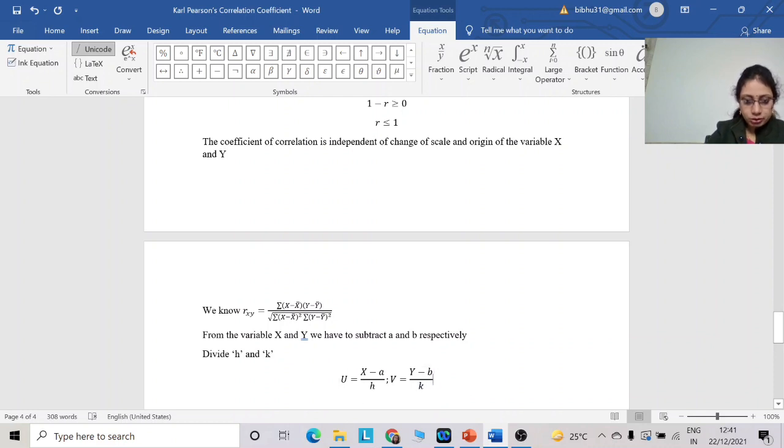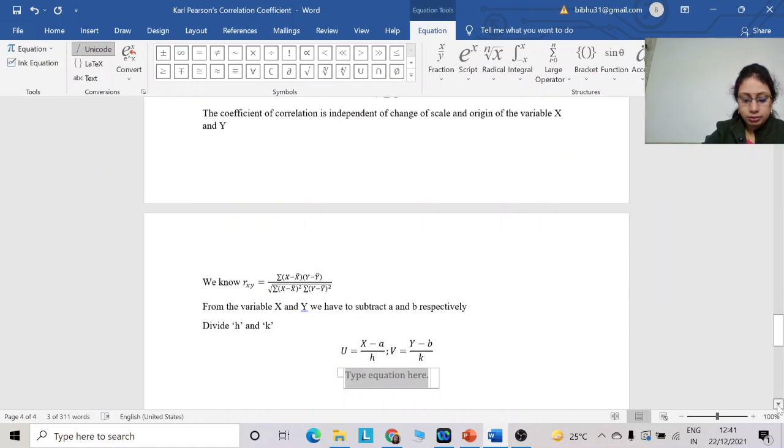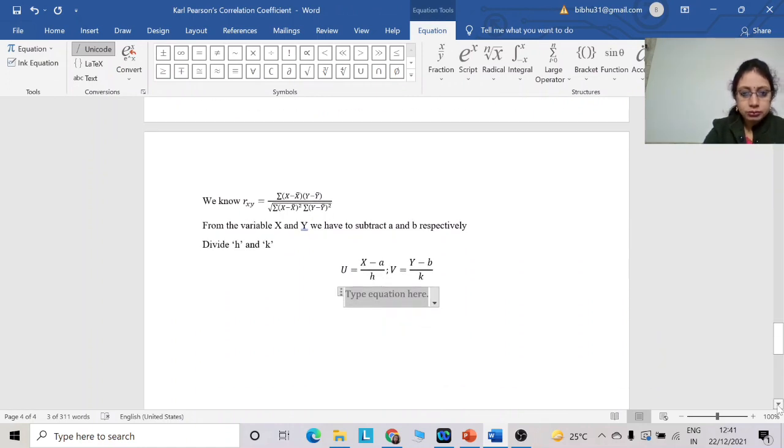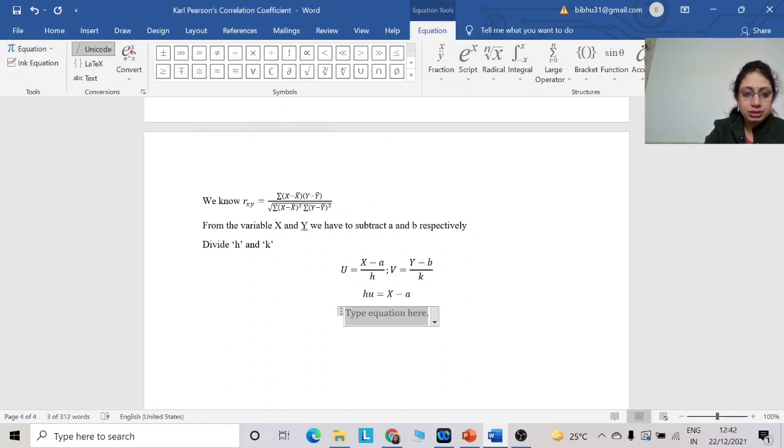So now just cross multiply these two equations. For the first equation, cross multiplying, we get hu is equal to x minus a, which can be written as x is equal to hu plus a.